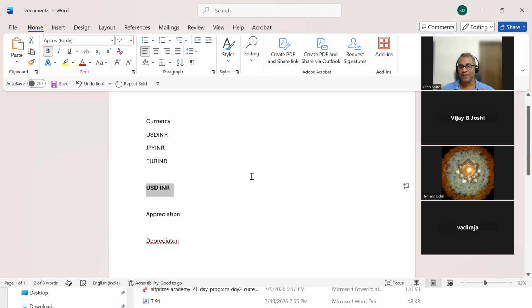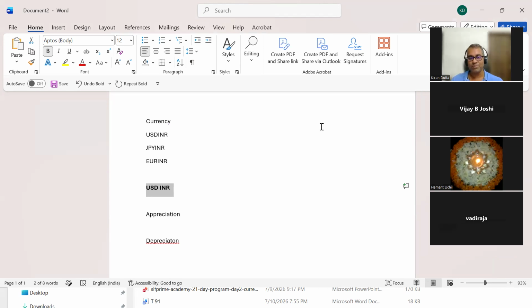This is what it is: currency pair USD INR, appreciation, depreciation. Now, does anyone want to attempt appreciation and depreciation in plain English? When the US dollar appreciates, INR depreciates. No, that need not be the case at all.